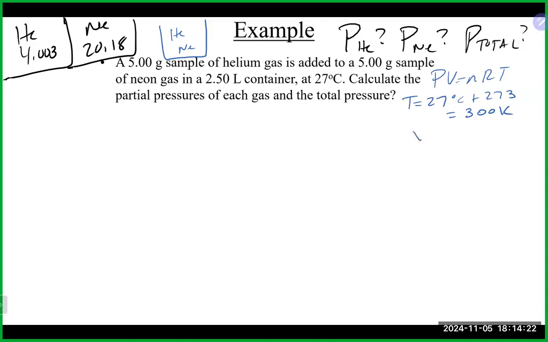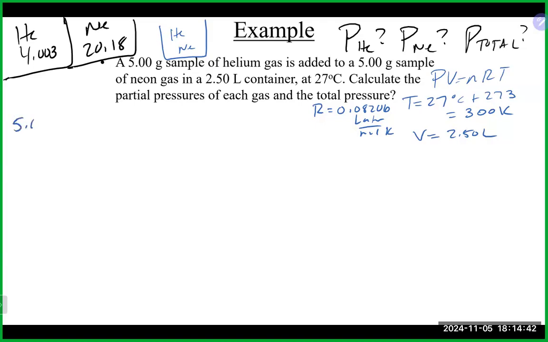The volume will be the same for each of them, 2.5 liters. And of course, we have R for everybody as well. So the only thing we're missing for each of these is the moles. So might as well calculate that here.